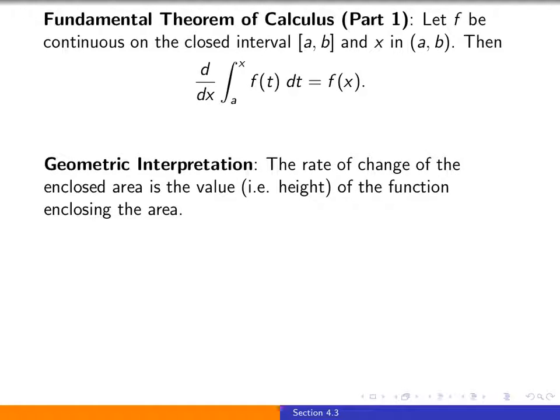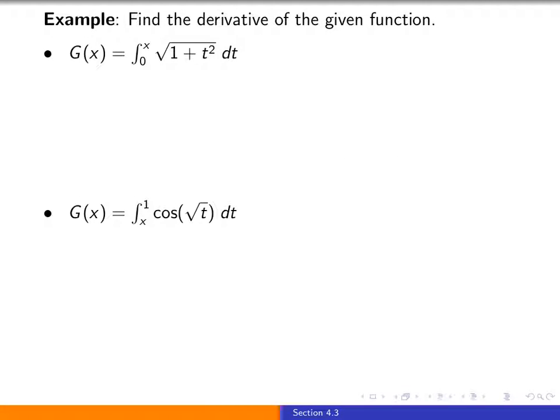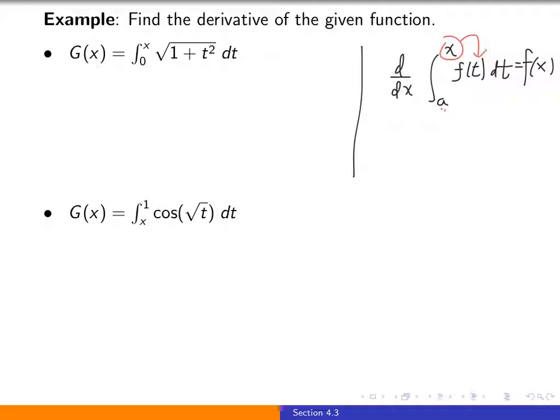So let's look at a few very typical examples. Let's find the derivative of the given function. Let me recall from the previous slide, we had the formula that the derivative of the definite integral from a to x of f of t dt is equal to f of x. So essentially what we need to do is note that we're going from a number as our lower limit of integration, and then the variable x, we just plug it in for t in our function.